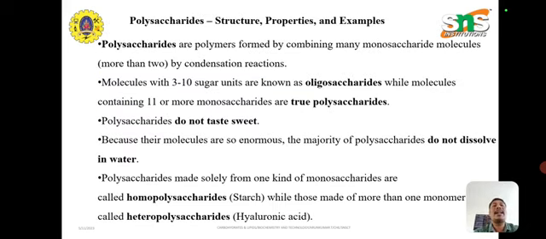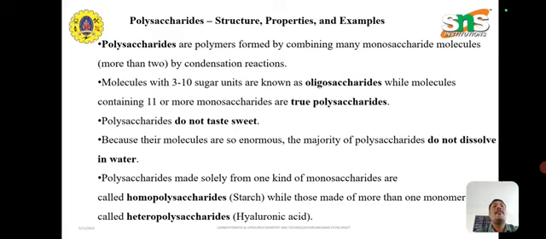The polysaccharide structure, properties and examples. Polysaccharides are polymers formed by combining many monosaccharide molecules. That means more than 2 monosaccharides are joined together to form the polysaccharide. This process is also called a condensation reaction.